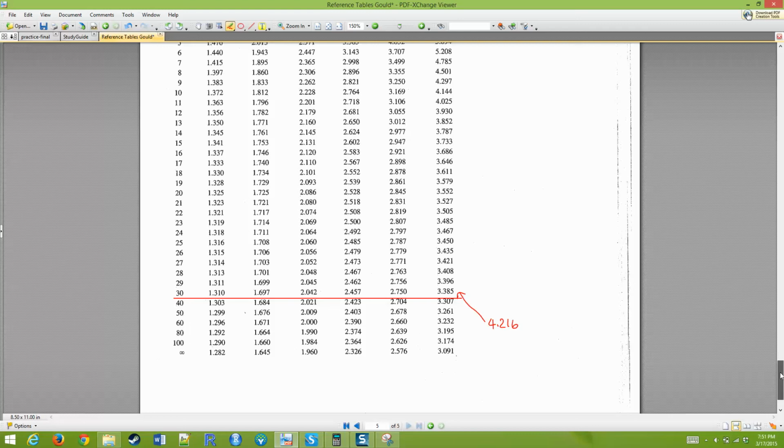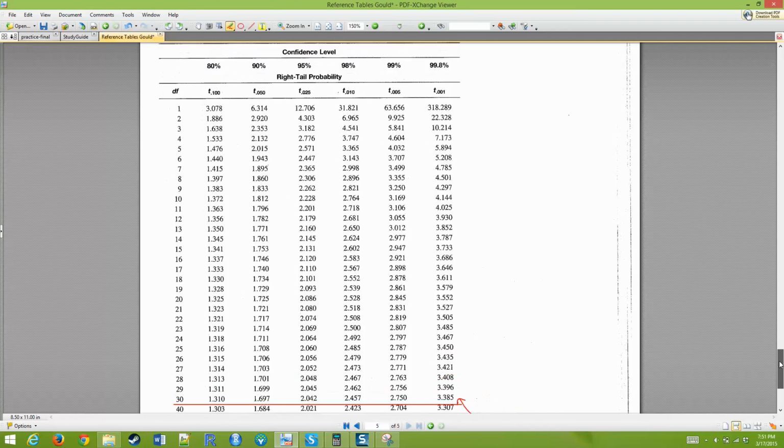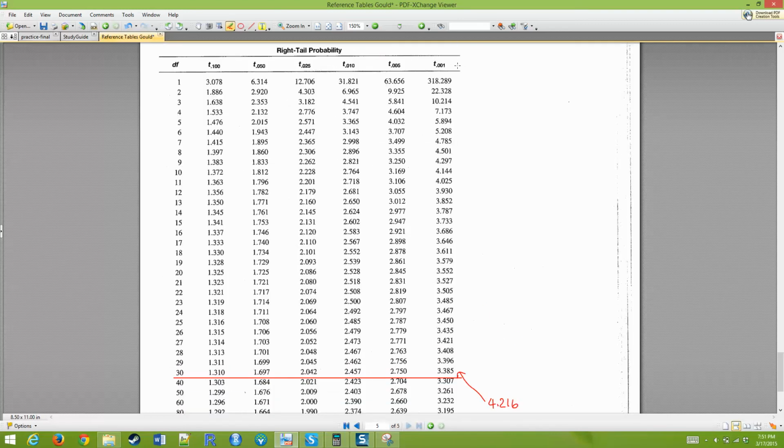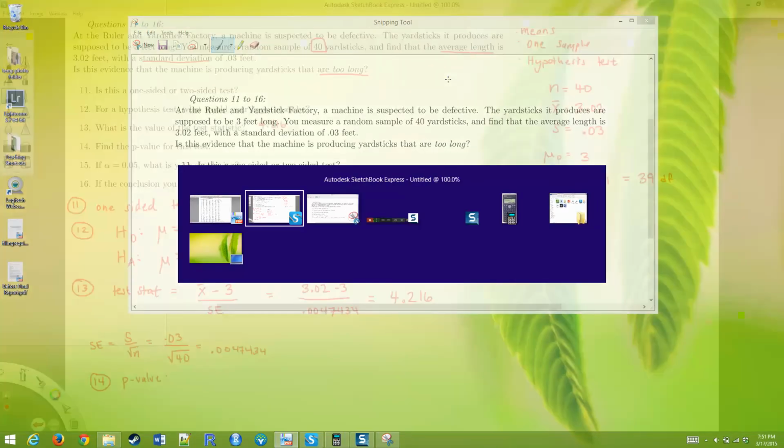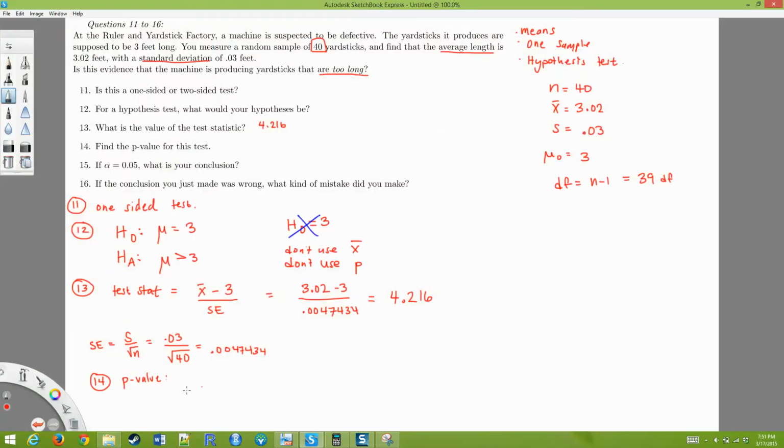So that means what? The tail area that I have is going to be more or less than 0.001? Less. Okay, so the p-value, so my tail area is less than 0.001.